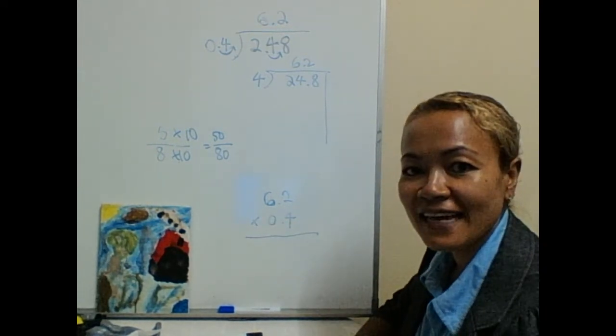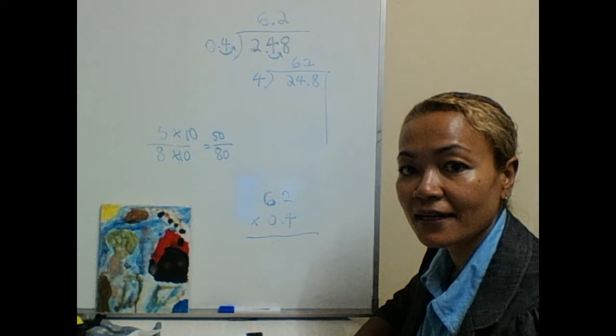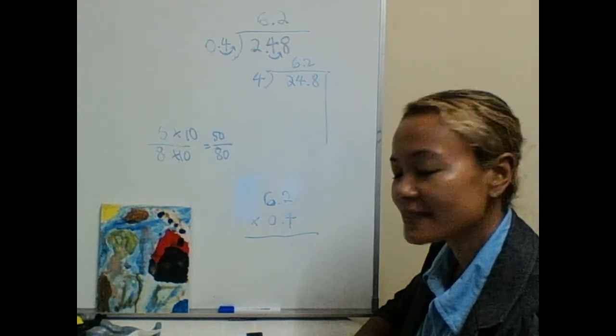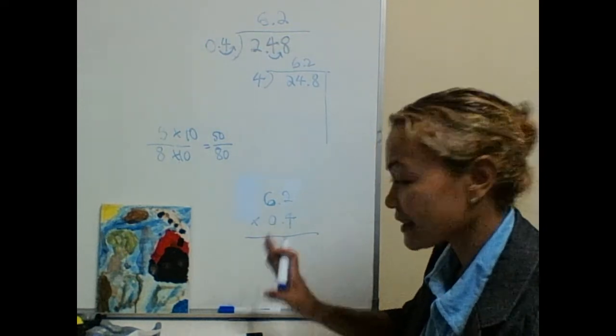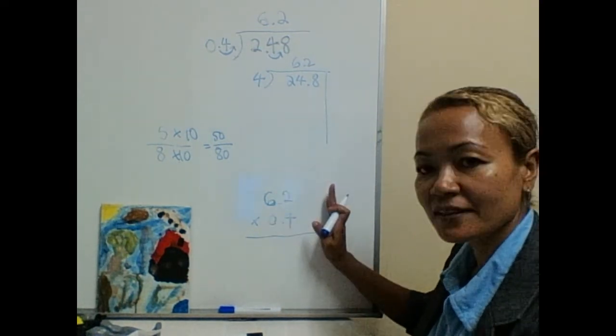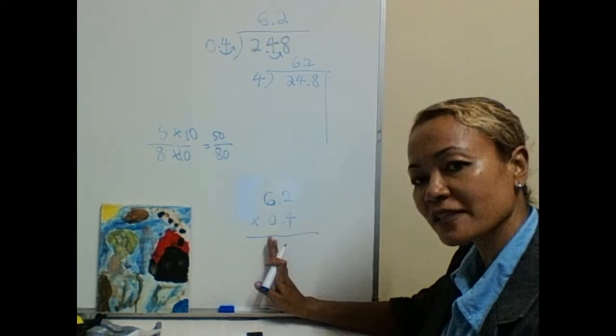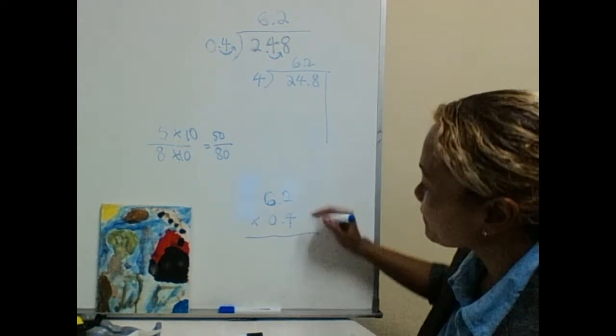And what did I say the hack was for multiplying when you've got decimal places? You can always check later that the same number of decimal places after when you're multiplying, the same number of decimal places after when you've got your answer.